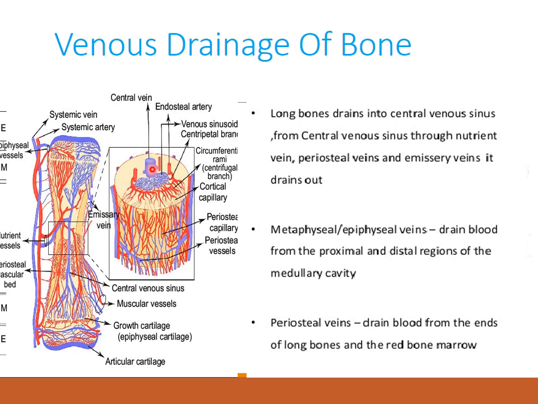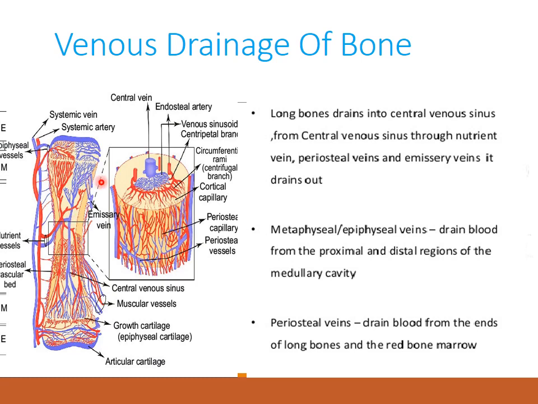In the long bones, you have seen the central vein inside the medullary cavity. From this central vein, the whole of the blood ultimately passes through the nutrient vein, and this drains the venous blood into its respective vein that accompanies the nutrient artery.